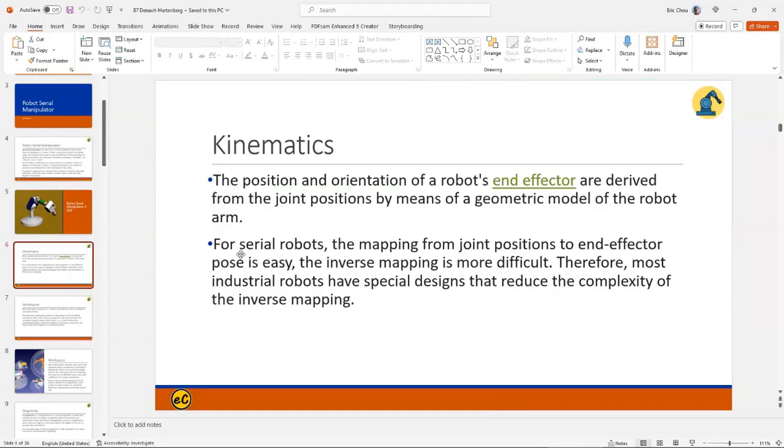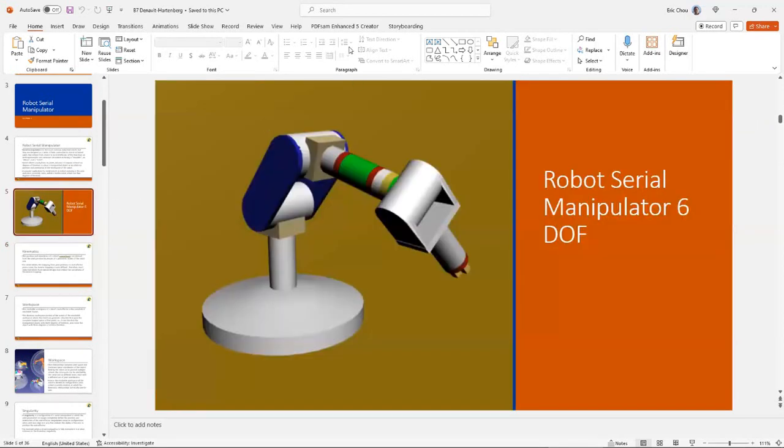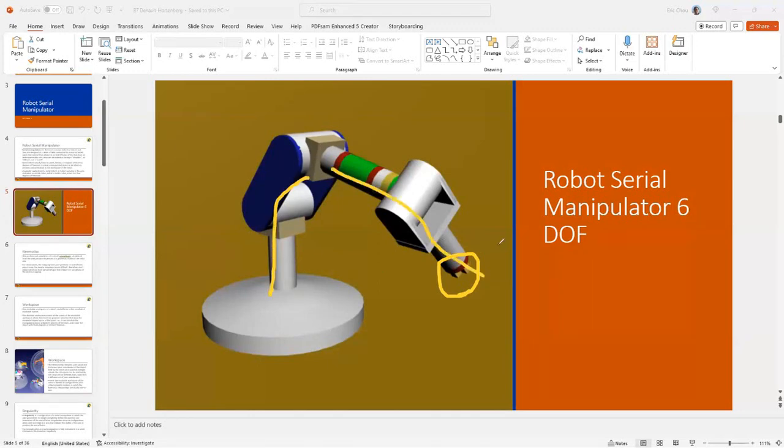One terminology, end effector. The end effector is actually talking about the finger. Usually for a robot arm, we talk about arm, hand, and finger. The robot arm's main purpose is to position your hand.